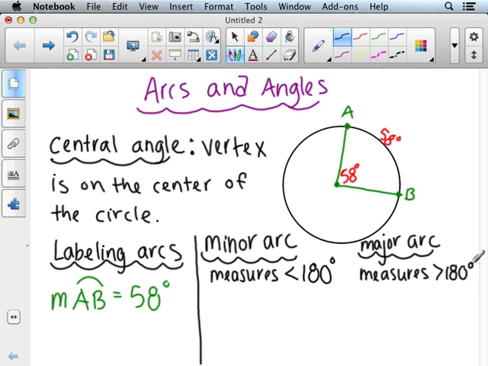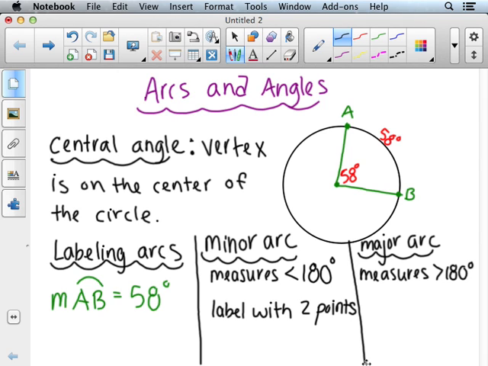When we label a minor arc, we only need 2 letters. Okay, when I say arc AB, you automatically know that it's this part here that I'm talking about. This part here from A to B. So labeling arcs, minor arc, label with 2 points.